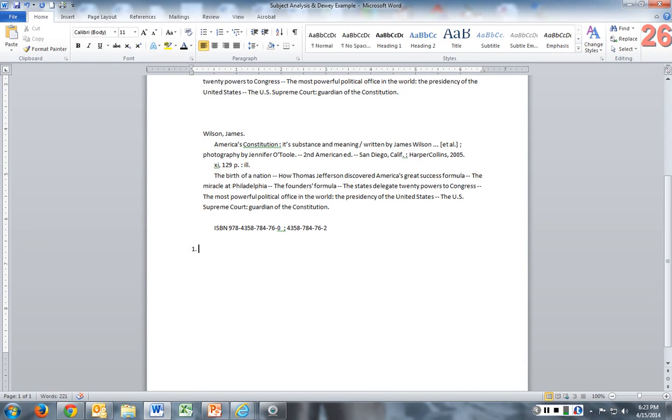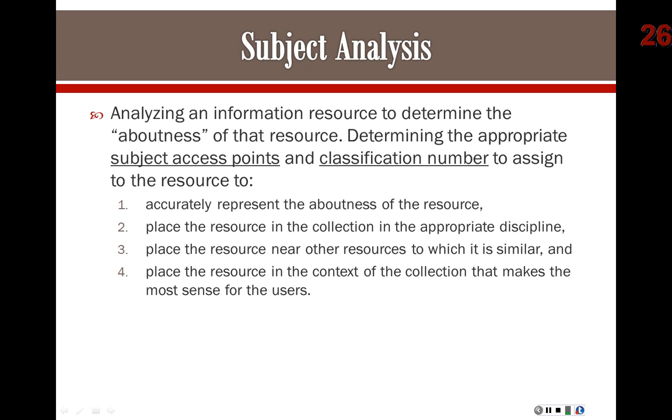Now, before I do that, I want to talk about subject analysis, because this was not clear, and I want to make sure that you understand how to do subject analysis. So let me bring up the slide. There are 3 slides in particular that I want to show. The first one talks about subject analysis.